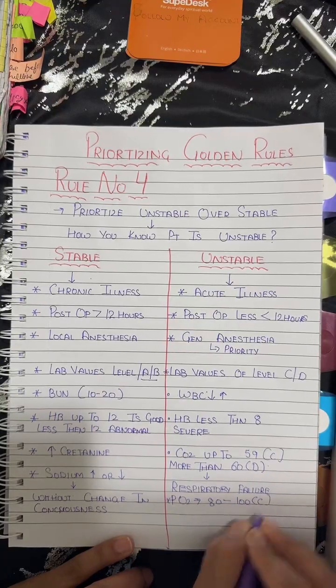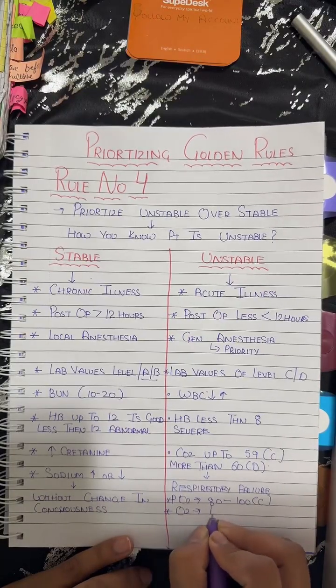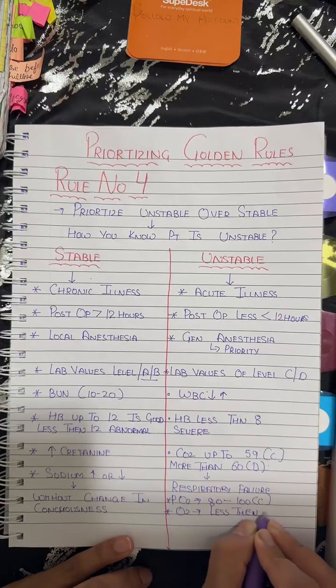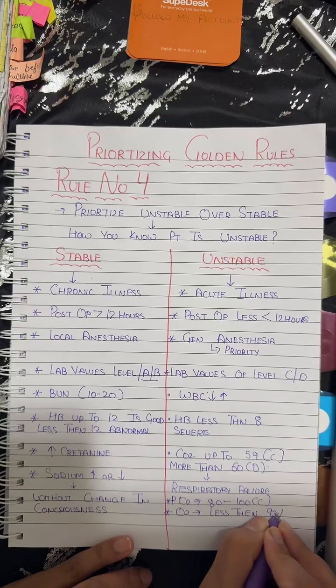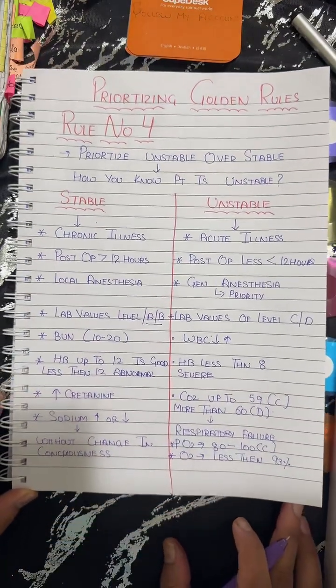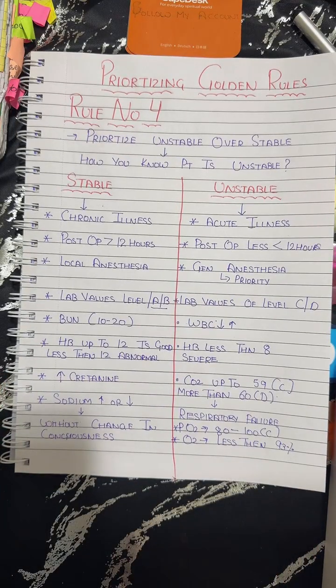80 to 100 comes under C, and O2 less than 93 is also unstable. My hands are ready to take a screenshot. Go ahead, guys. Then I'll turn the page. Okay, INR more than 3.